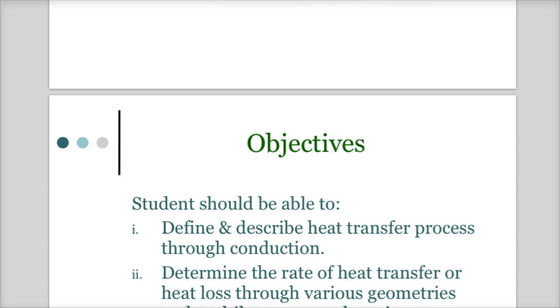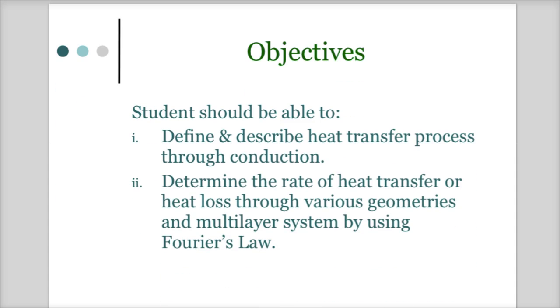Let's go down. Objective. So there's two objectives. It's stated here. I didn't do the notes, so I just read through. First, you define and describe heat transfer process through conduction, obviously, and you go through a bit of convection here too.